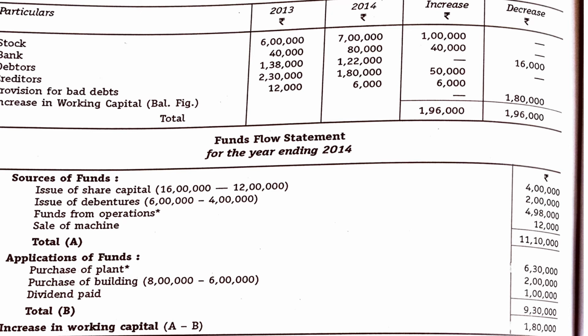Provision for bad debts 12,000, 6,000. Decrease in current liability increases the working capital for 6,000 rupees. After adjusting all these, increase in working capital during the year is equal to 1,80,000.